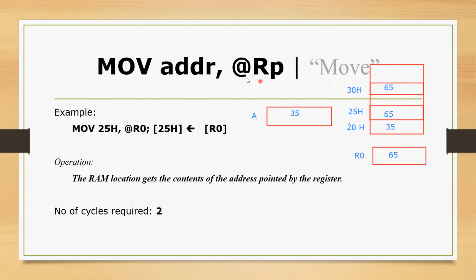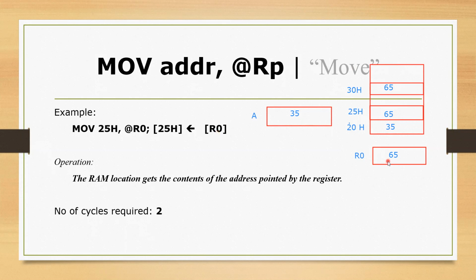MOV address, @Rp. Here the destination is a memory location and the source is pointed by a register Rn. You can see an example, MOV 25 hex, @R0. That is, the 25 hex memory location will get data from the location pointed by the register R0.